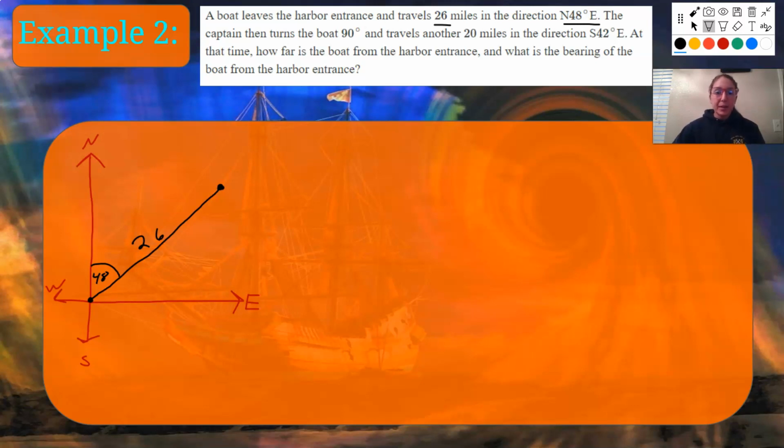The captain then turns the boat 90 degrees. This is important because it means, hey, I'm making a corner here, right? The captain turned 90 degrees and travels another 20 miles in the direction of south 42 east. So another 20 miles. So we'll go like that.